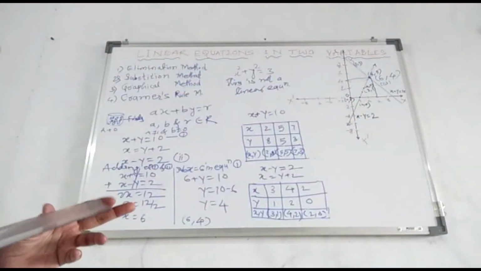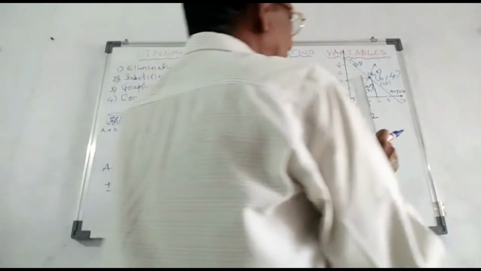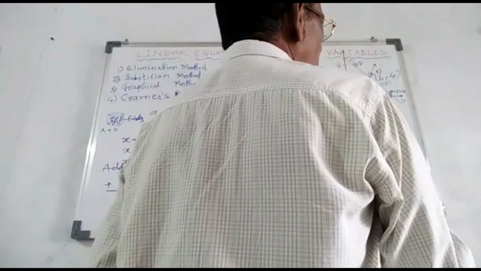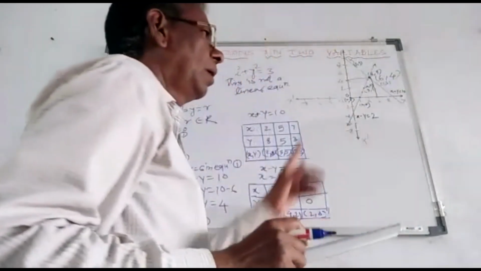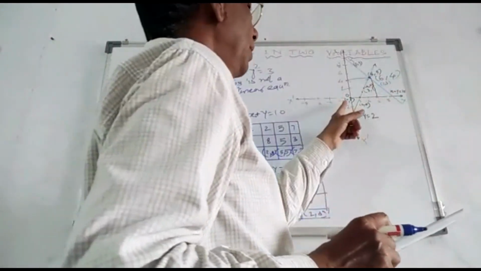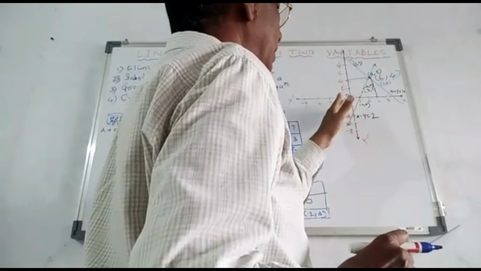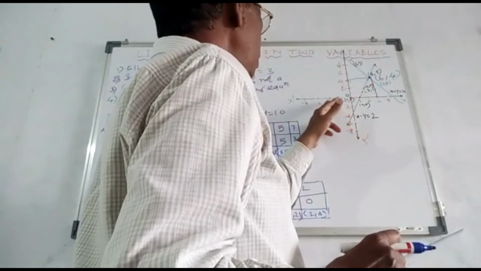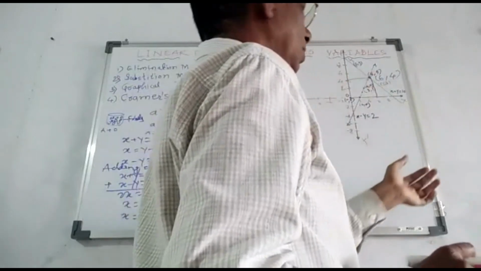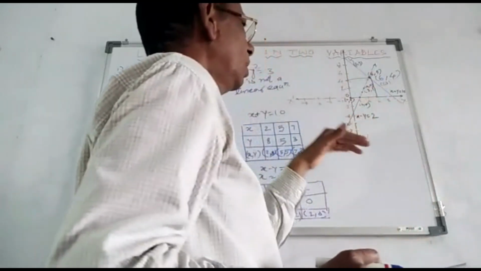Now locate the negative side: this one is the x dash axis, and this is the y axis. Mark 2, 4, 6, 8 on the right side of the x-axis, and the same numbers with a negative sign on the left side, on x dash: -2, -4, -6, -8. It means 2 and -2 are at the same distance from 0, and 4 and -4 are at the same distance from 0.